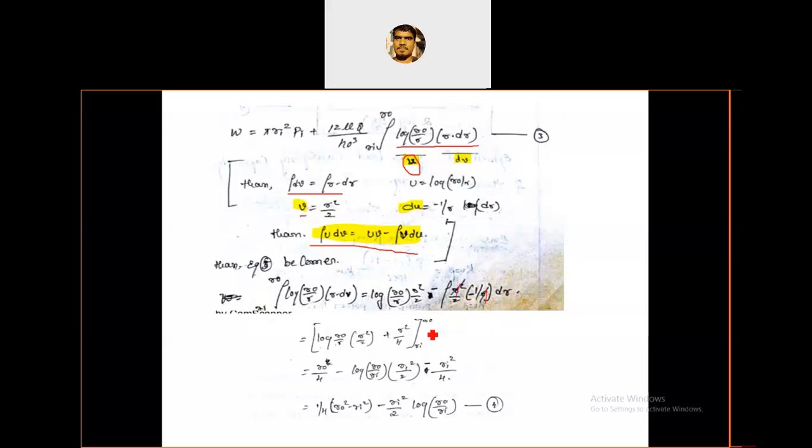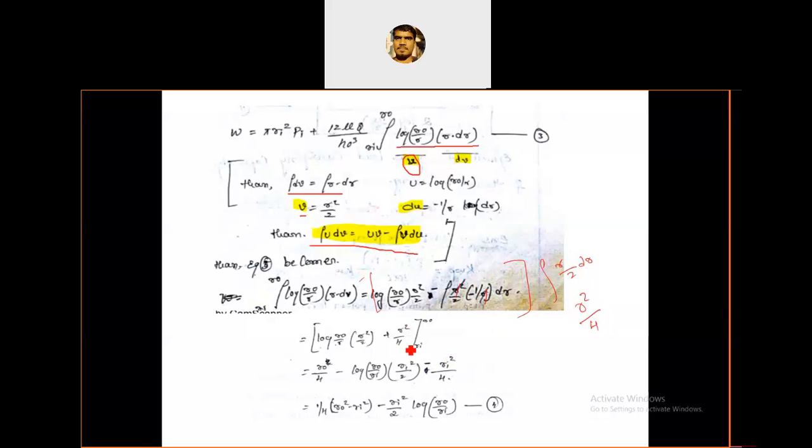So finally what do we get? This term is already integrated, but this term we have to integrate again. So log r naught by r, square by 2, same thing, and for this, what remains is r by 2 into dr. If we integrate it, r square by 2 into 2 is 4, so it is r square by 4.